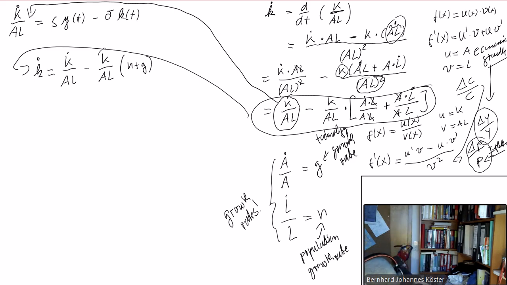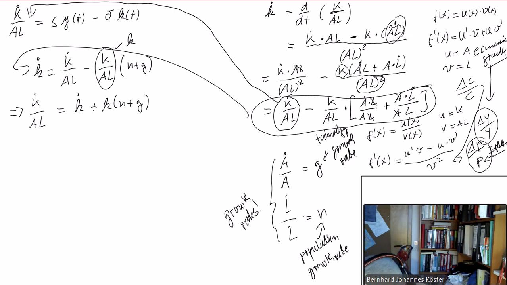And here we directly see that this is just capital per effective labor, so small k, and then we end up with k dot over AL equals small k dot plus k times (n plus g).